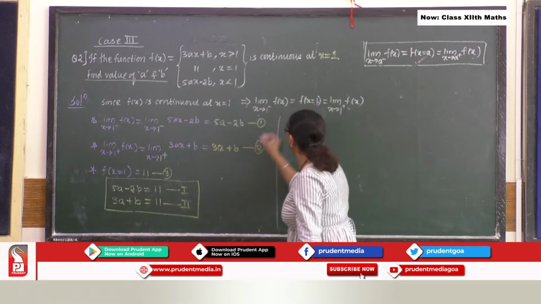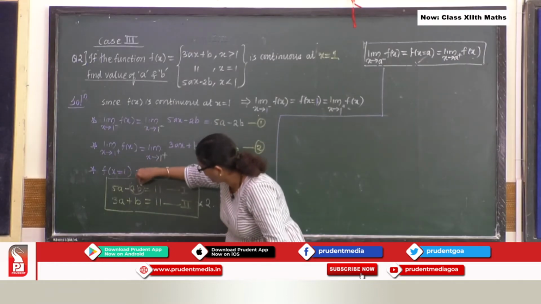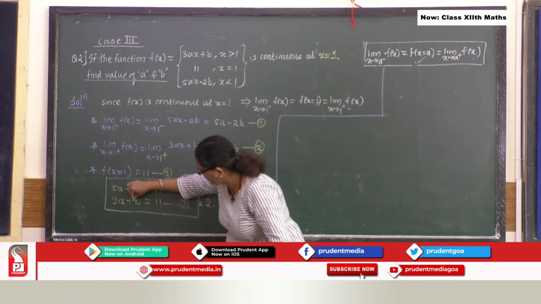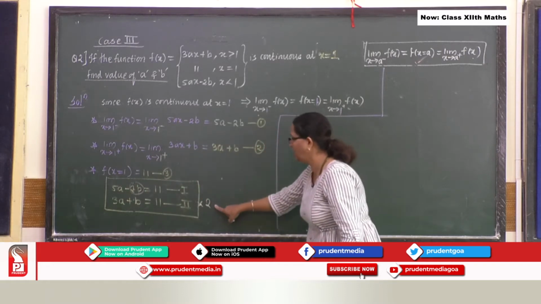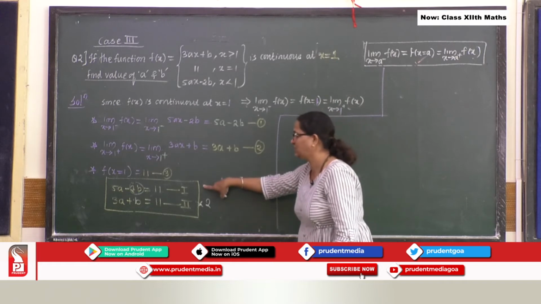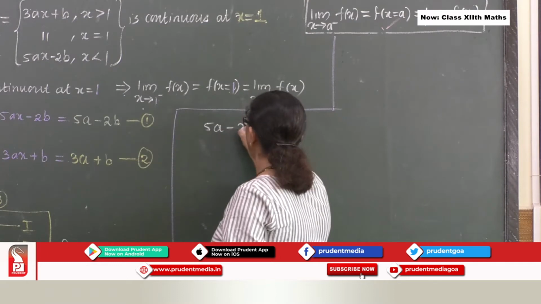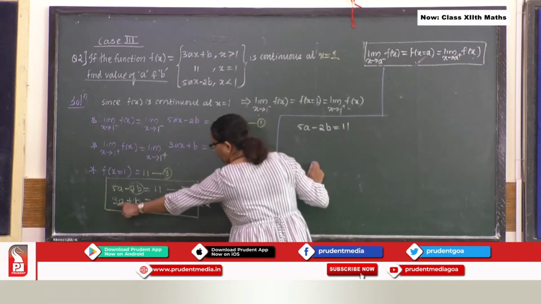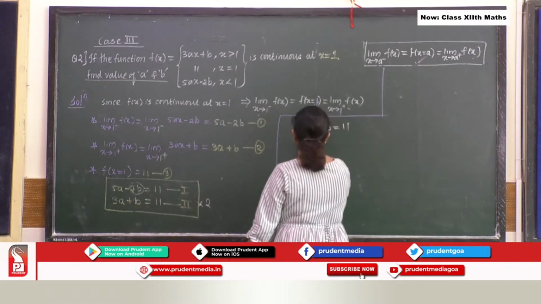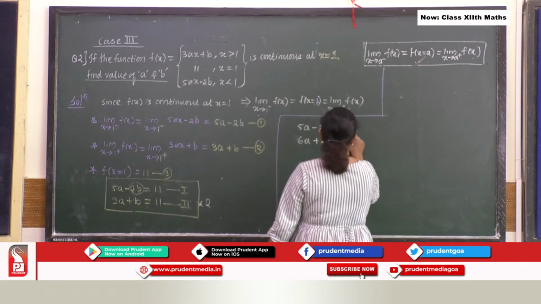So what we do over here is, you can see it's 2b here, and here there is just b. So I want 2 to come over here, so I will multiply the second equation by 2. The first equation I will keep as it is, 5a minus 2b equal to 11, and when I multiply throughout by 2, I will get 6a plus 2b equal to 22.